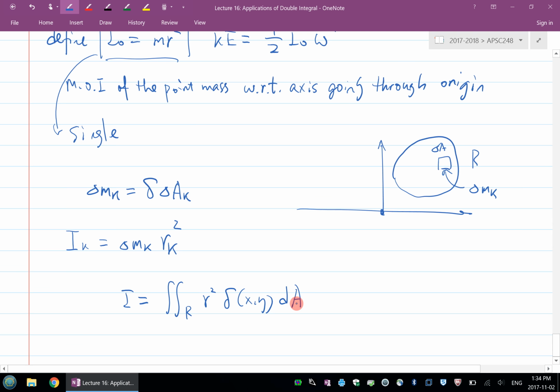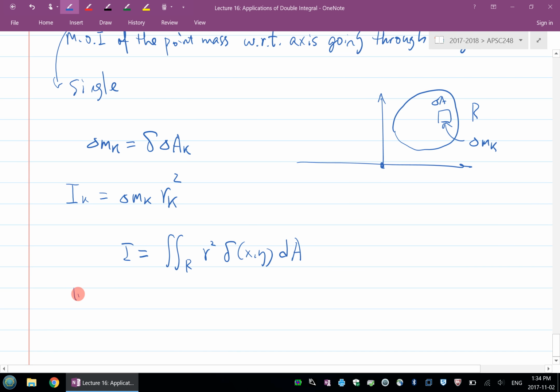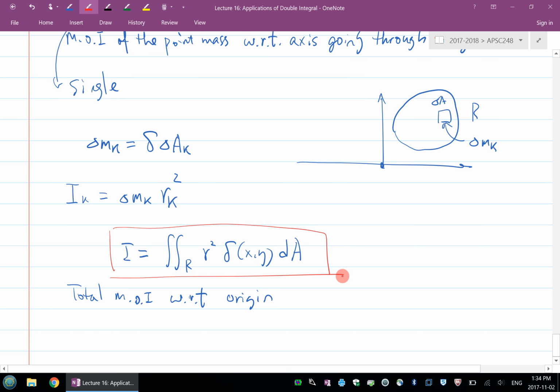So this is the total moment of inertia with respect to the origin. A little bit of circling around, and we end up with the formula for the moment of inertia with respect to the origin.